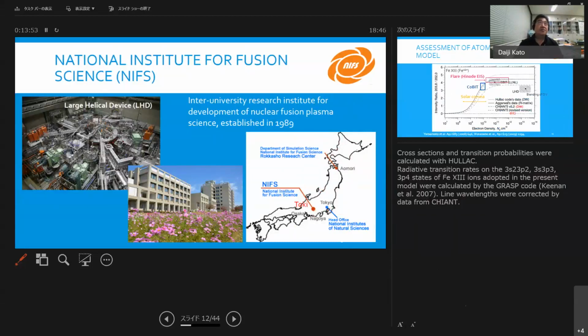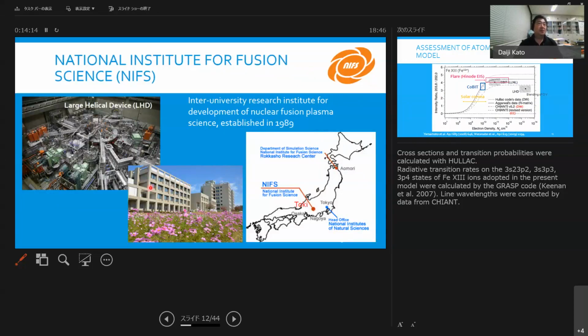And this is a brief explanation of the model calculation, the collisional radiative model of emission line spectra. In the collisional radiative model, we assume the quasi-stationary state approximation of the population of the excited levels at the given electron temperature and density.